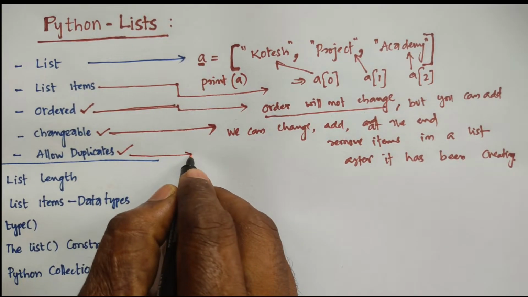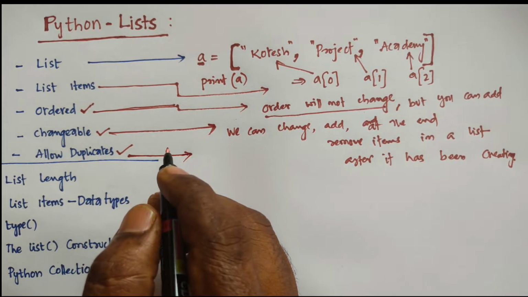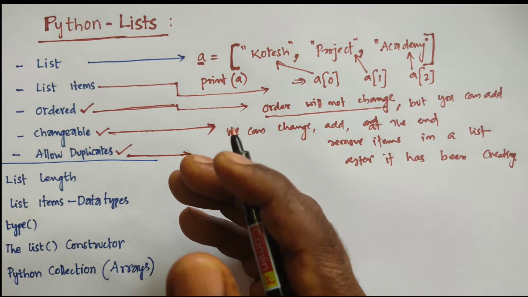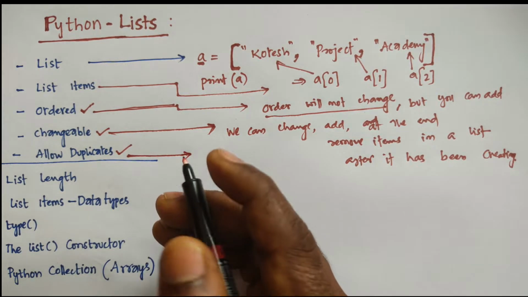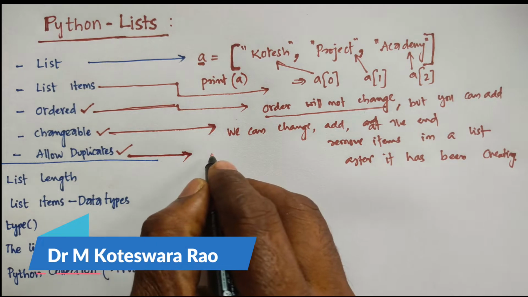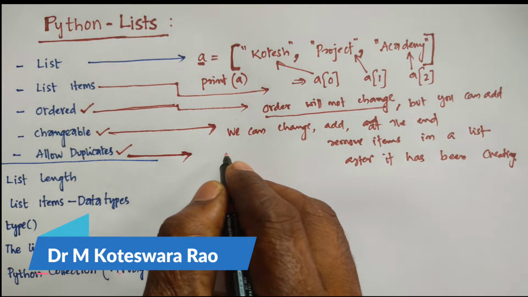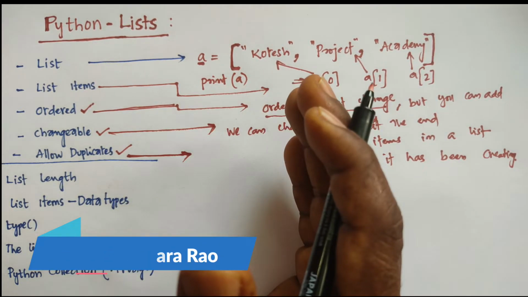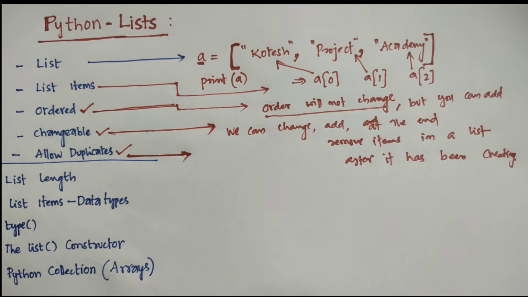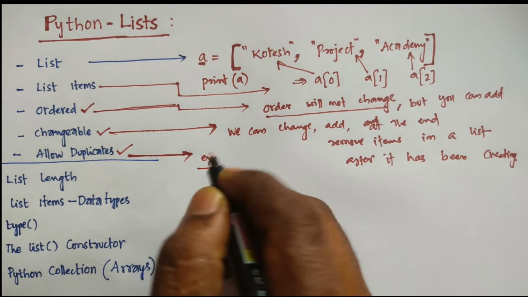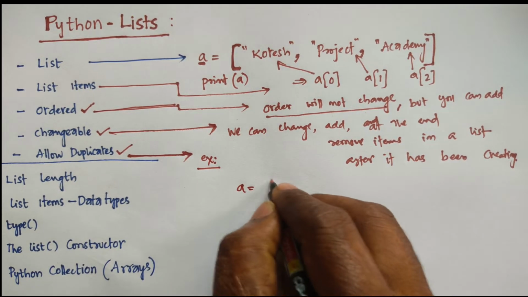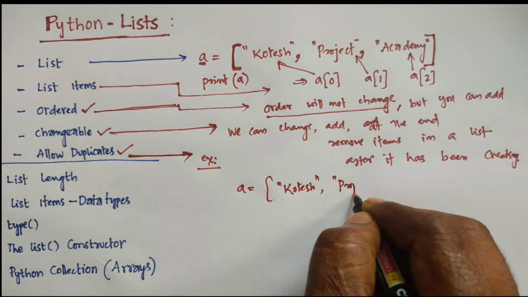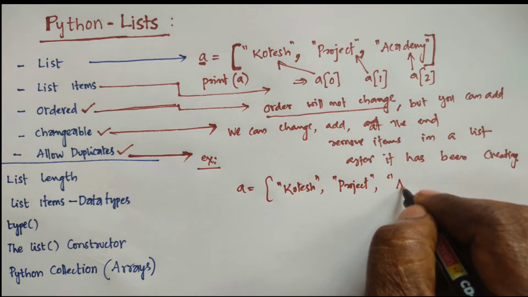And one more is allows duplicates. Allowing duplicates means that an indexed list can have items with the same value. You can take a is equal to 10 and b is equal to 10, the same number. For example, I have a, with the first word quotation, the second one project, and the third one academy.